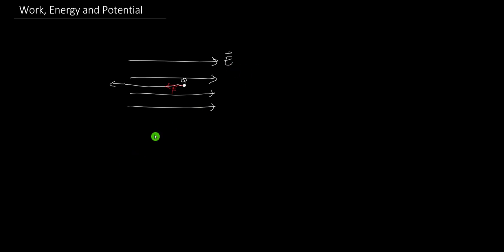So that force is just equal to Q times E. Just multiply the electric field intensity with that Q. But because F is in the opposite direction of E, we need to put a negative sign, because it means that the force is in the opposite direction of E. So this is the force.